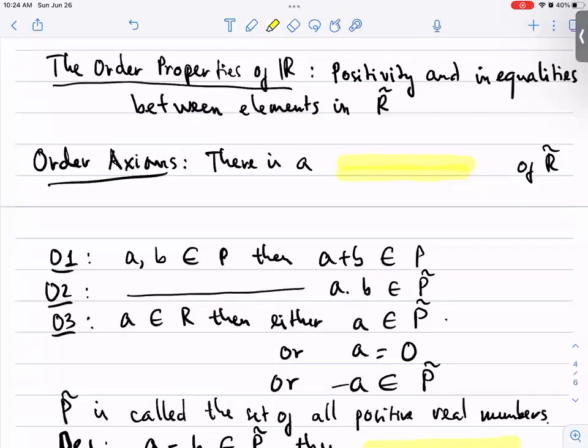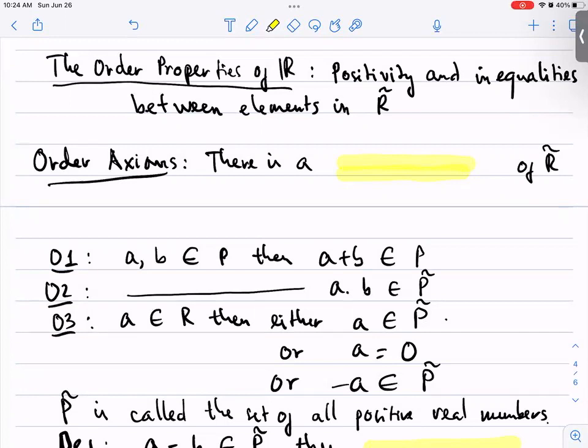Hello. Today we're gonna discuss the order properties of the real numbers. These properties basically are about positivity and inequalities between elements in the set of real numbers.